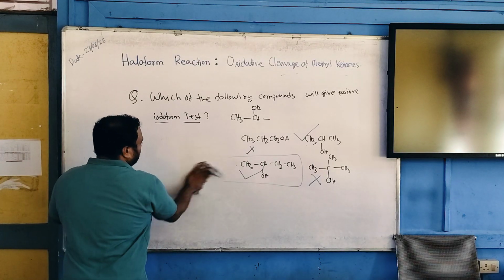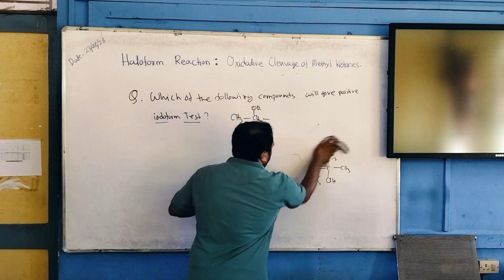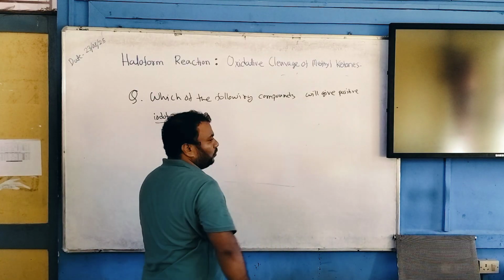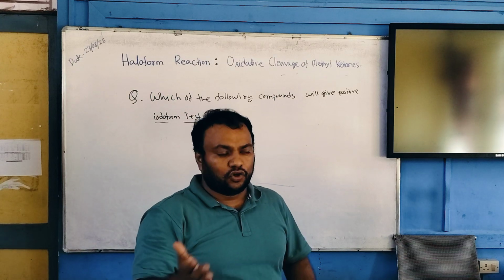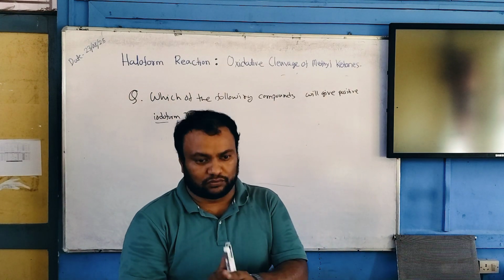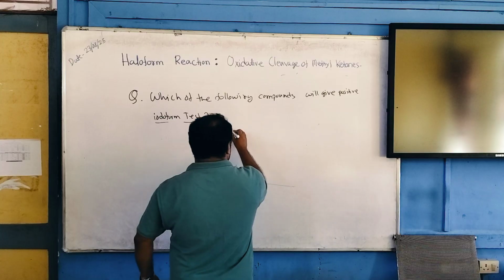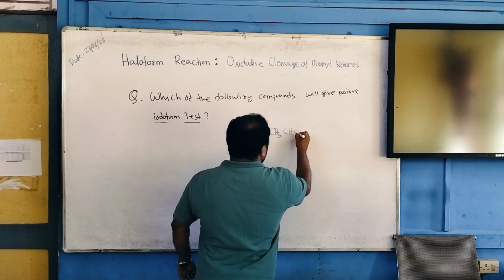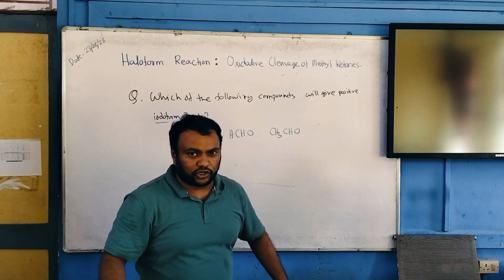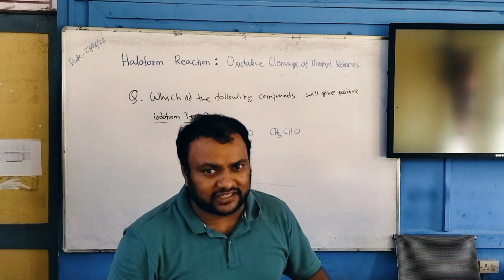Suppose I give you carbonyl compounds. We have reactions like the Tollens test and Fehling test to distinguish between aldehyde and ketone. I am giving you two aldehydes, HCHO and CH3CHO. Can you distinguish these using the Tollens test?